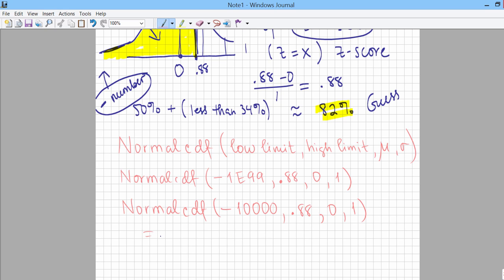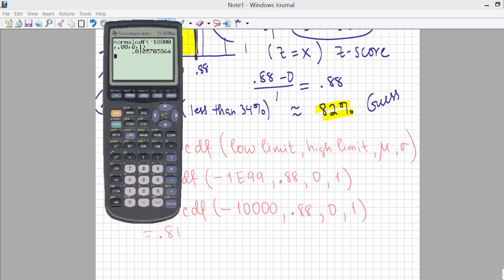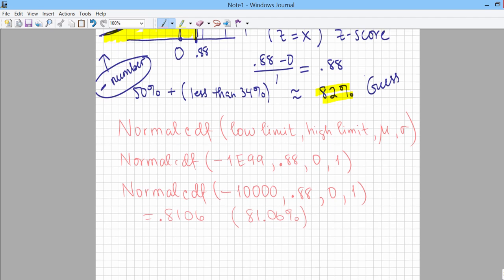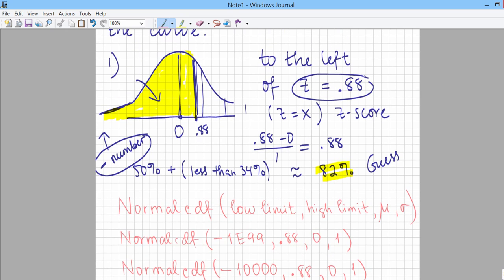Let's do 4 decimal places: 0.8106. You want to write it as a percentage, that's 81.06%, and that is really close to our guess. So that's how you find the area to the left.